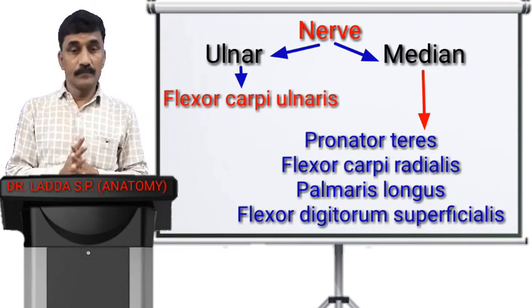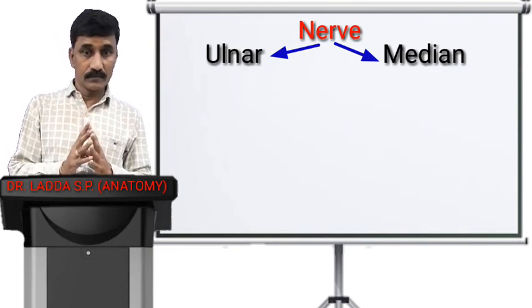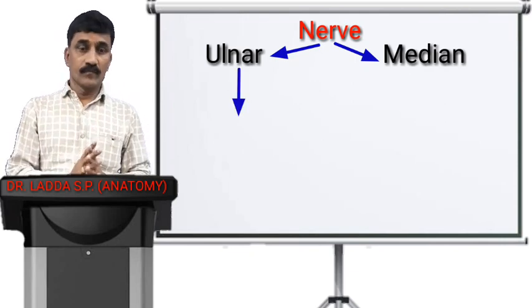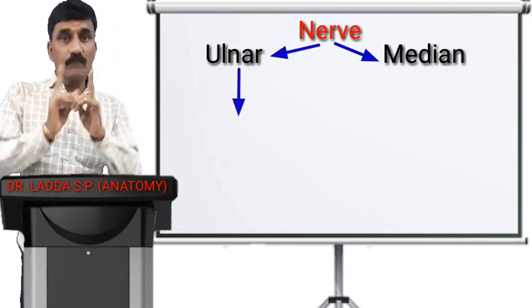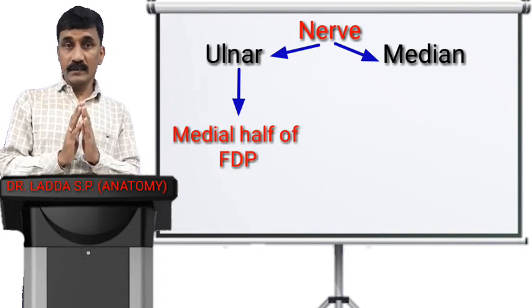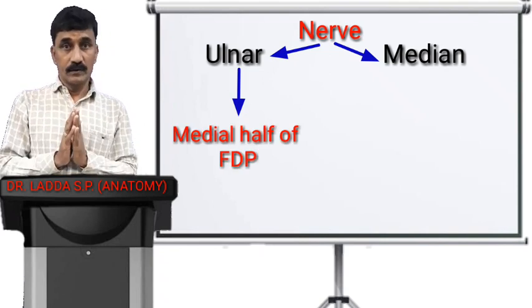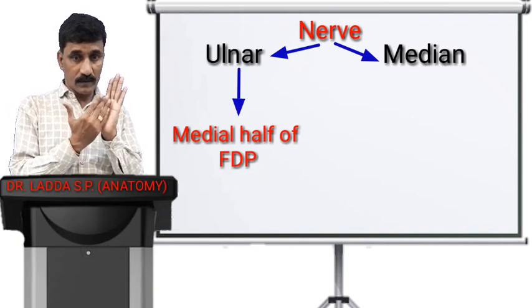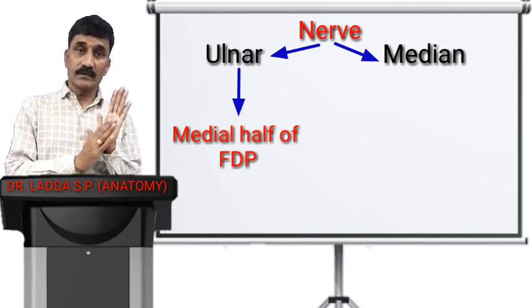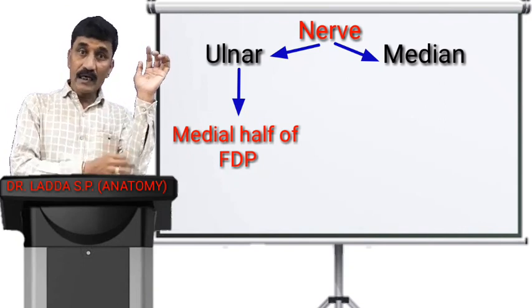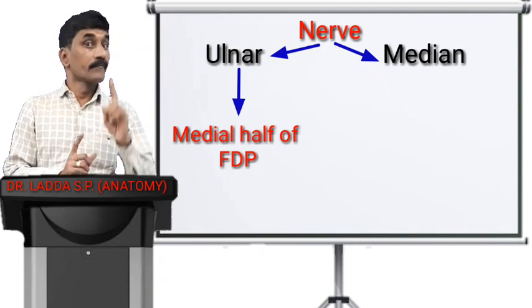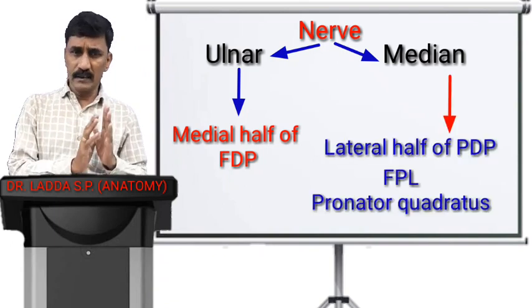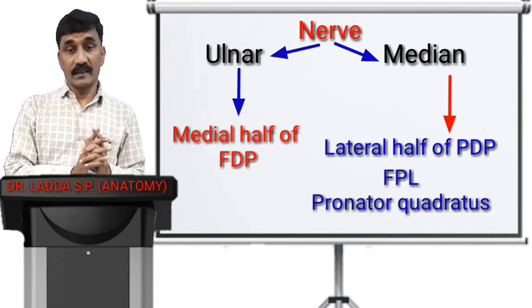Whereas among the deep, there are 3 muscles. Among these 3, only half of flexor digitorum profundus is supplied by the ulnar nerve, and the remaining half is supplied by the median nerve.